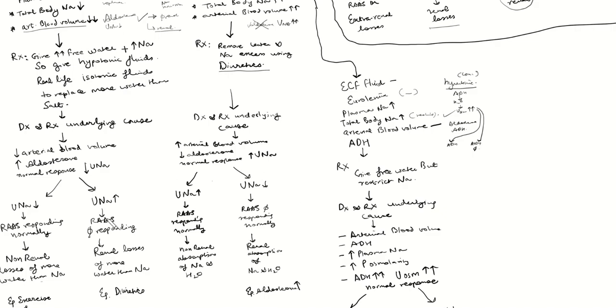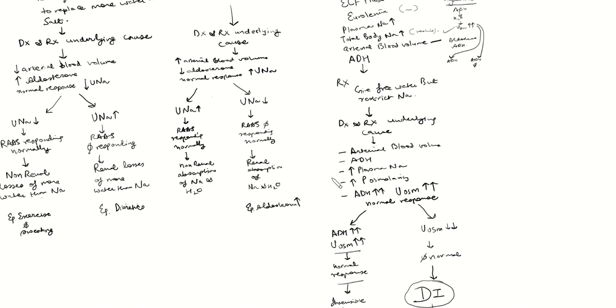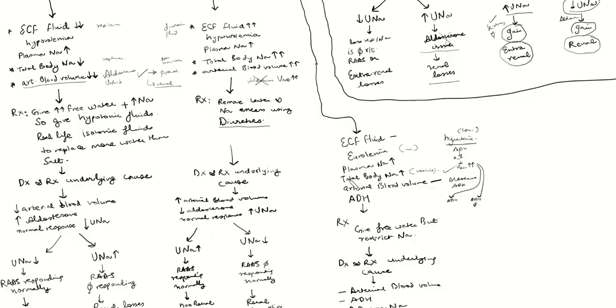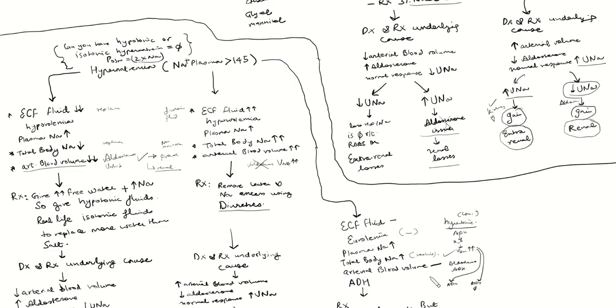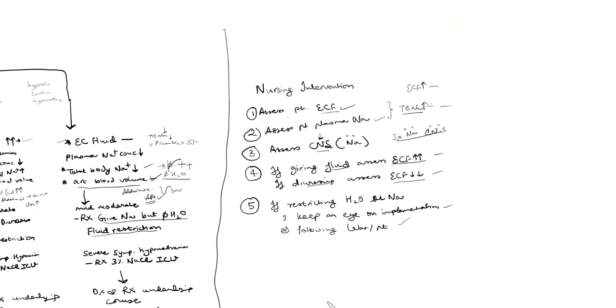We covered our first steps to managing it, how we take the next steps, and what we are looking at with diagnosing the underlying cause. And then last but not least, we checked some of the things that we would do in terms of interventions, which come straight from this treatment algorithm, and some very basic things.